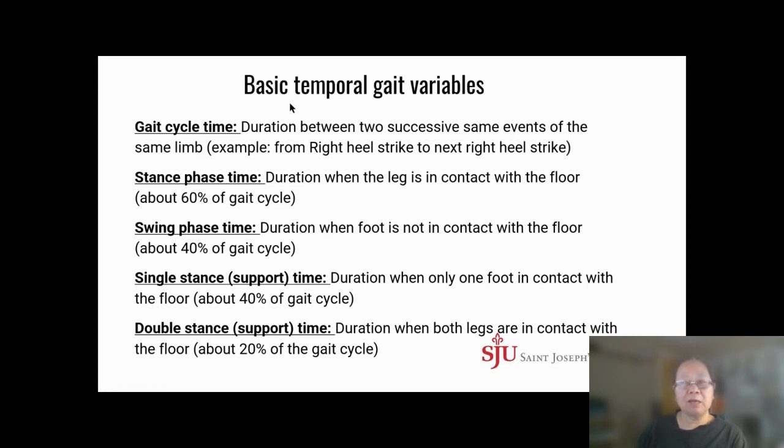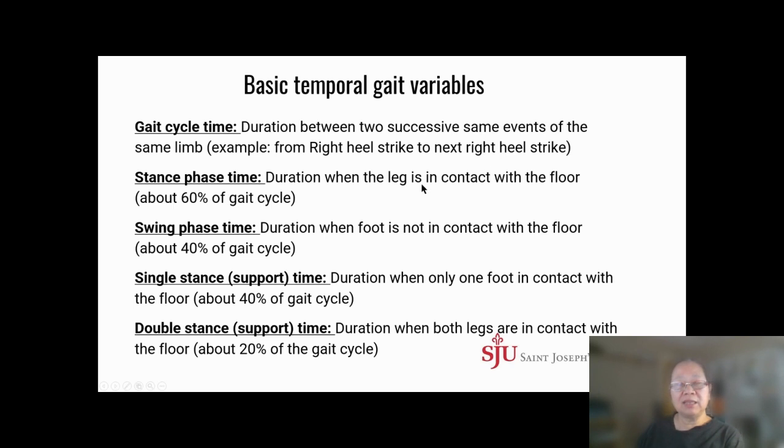So the summary of the basic temporal gait variables. One gait cycle equals one stride, from the same leg, for example, right heel strike to the right leg doing the same event, right heel strike again.